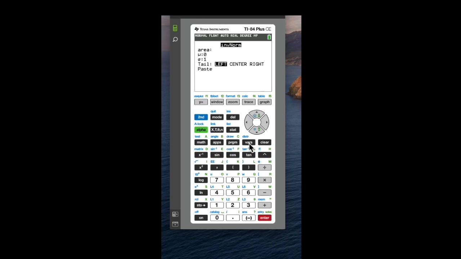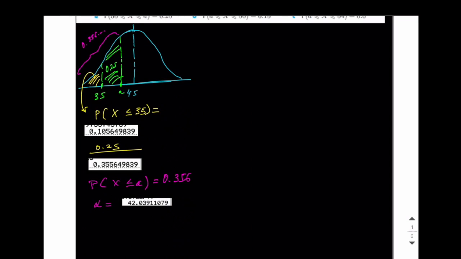We know that the area is the answer we just had before, so I'm just going to put my answer that I just found. I know that the mean is 45, the standard deviation is 8, and I'm looking for the left area, and that's my answer. In three significant figures, that can easily be turned to 42.0, and it makes sense because it's to the left of 45, and that's the answer for this one.